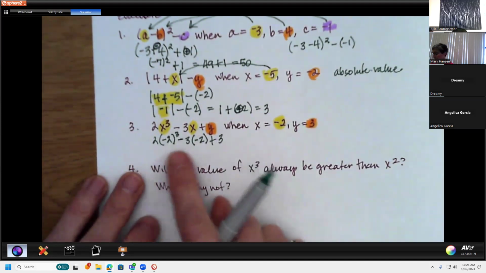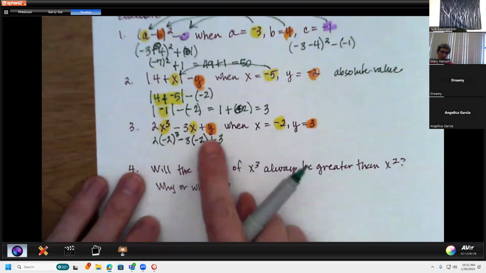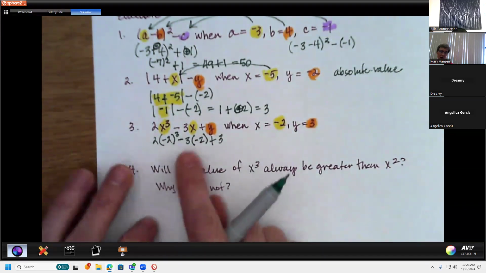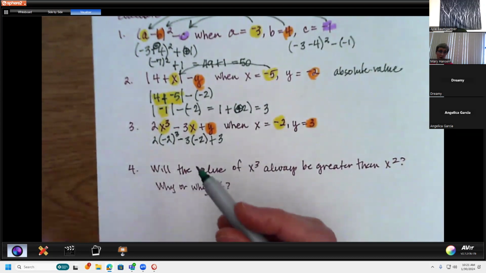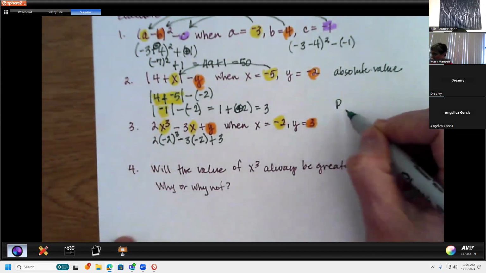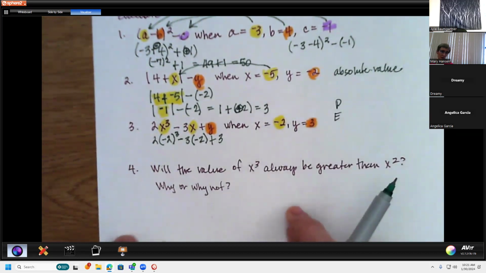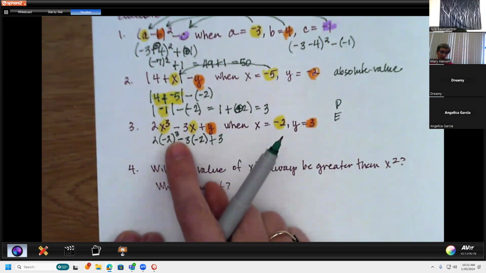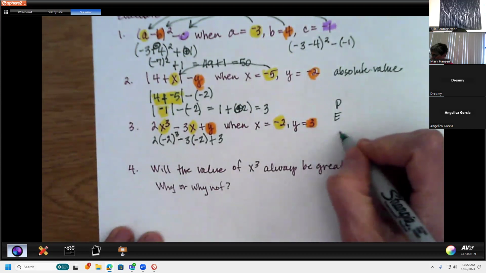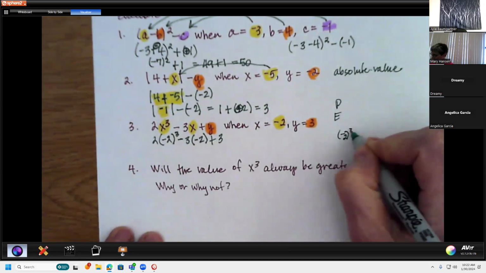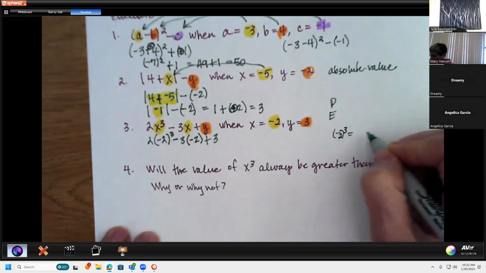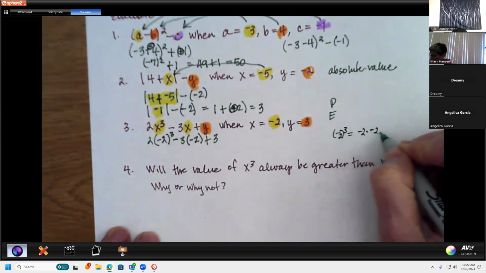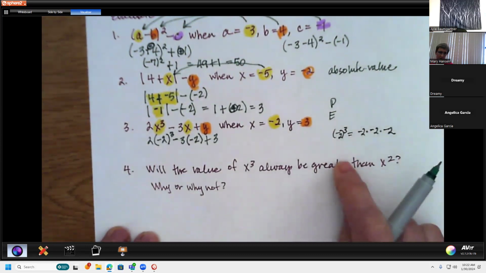Now I have parentheses, but there's nothing to do inside of these parentheses. They're just setting off the number -2. So I go on my order of operations. After we have parentheses, we have exponents. And so I've got an exponent right here. I need to take -2 to the 3rd power. -2 to the 3rd power means -2 times -2 times -2.